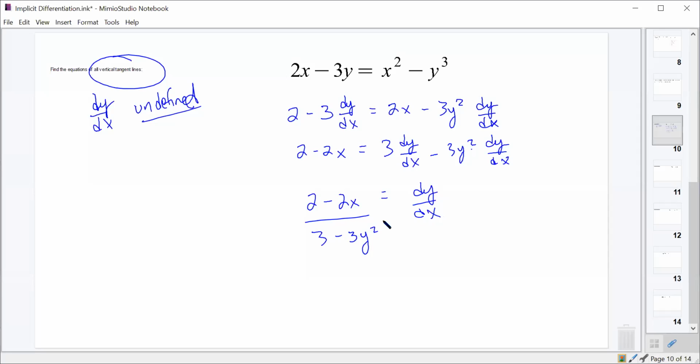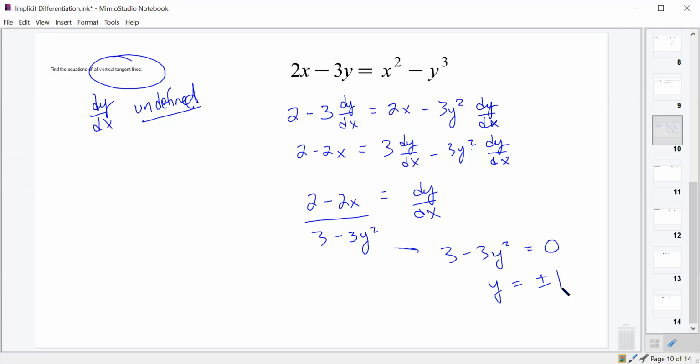So vertical tangent lines, derivative is undefined. Well, that will happen when the denominator is equal to 0, right? That'd be when y is positive or negative 1. Good.